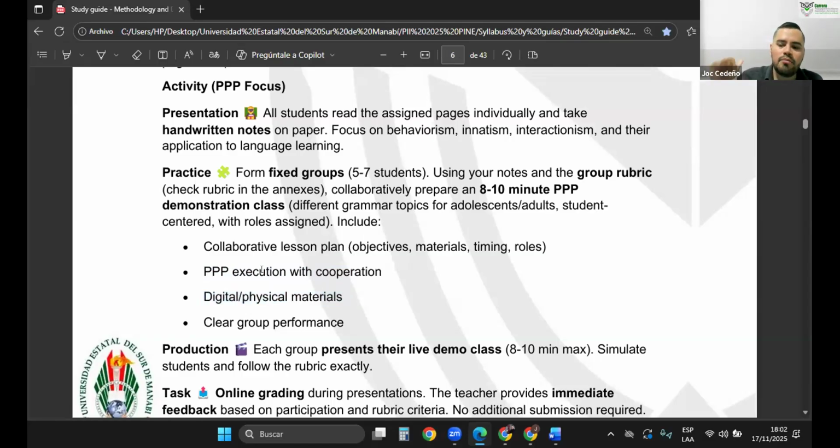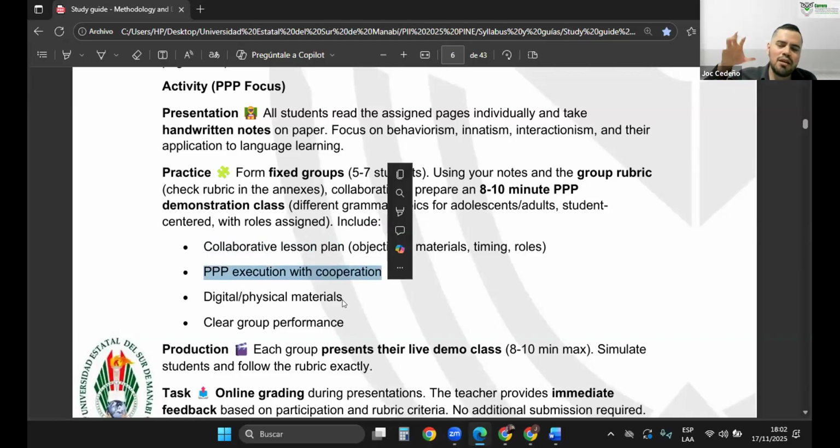And once you are ready, we're back here and then we're gonna do a demonstration class. Okay, so we're gonna form groups of 6 to 7 students. Who's gonna be the teacher? Everybody is. So you need to take turns to develop each stage. Maybe one of you can create the lesson plan, another one can create the PPP stages.